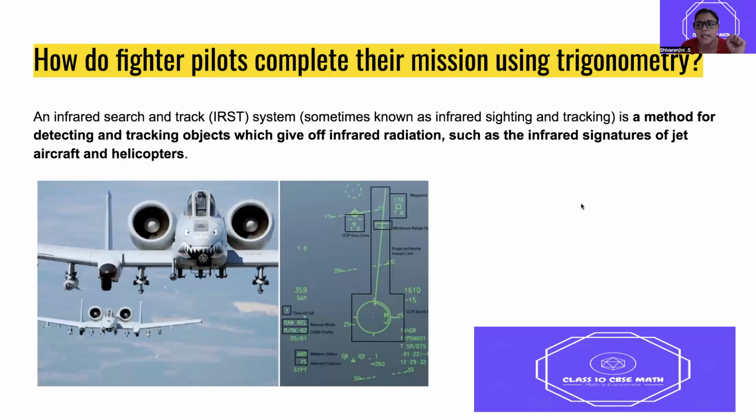Now the question arises, how do fighter pilots complete their mission? Do they use trigonometry? Yes, because they have a tracking system which exactly uses the trigonometric principles and the trigonometric functions, which helps them sense the nearest object in the form of heat, which is infrared radiation.